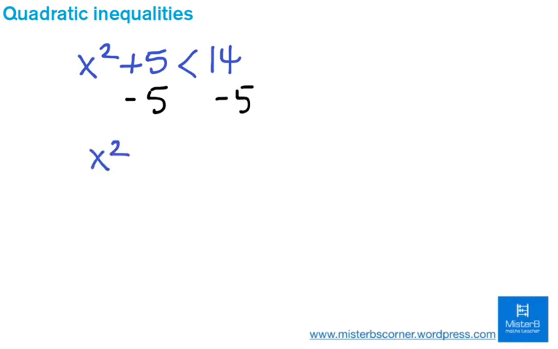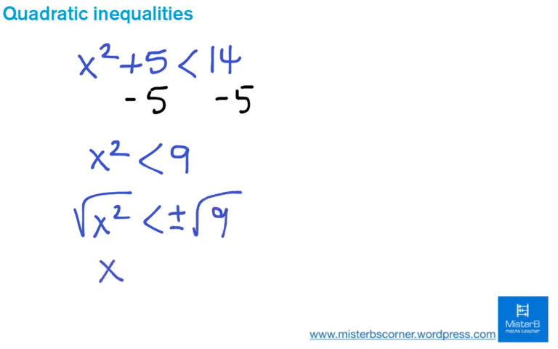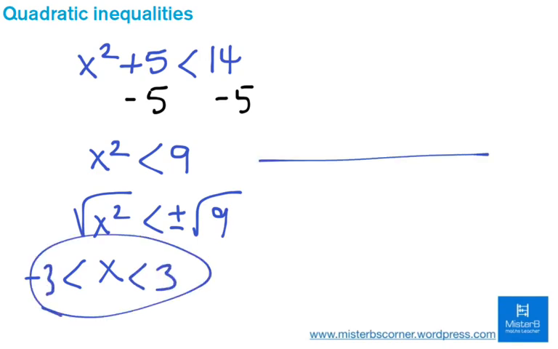Then it's going to be x squared less than 9, and then you solve accordingly, and then you can take the square root, right? And you end up with, you can write it like this too, if you want, and then you can draw on the number line and so on.